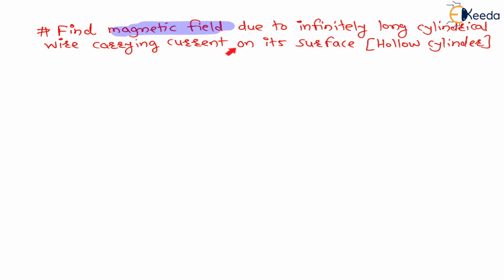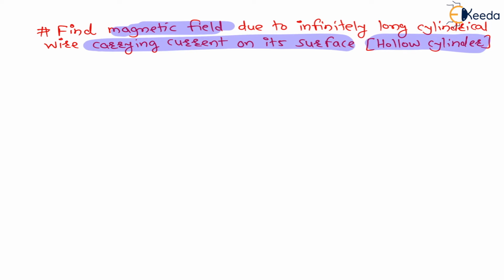Carrying current on its surface, this is very important. Now the cylindrical wire is carrying current only on the surface. Inside the cylinder there is no current. Current is only on the surface. Therefore it is a case of a hollow cylinder, right? For a hollow cylinder only the current is on the surface, inside there is no current. For a solid cylinder the current will be inside also, definitely, right?